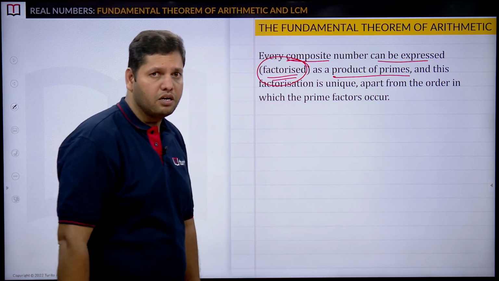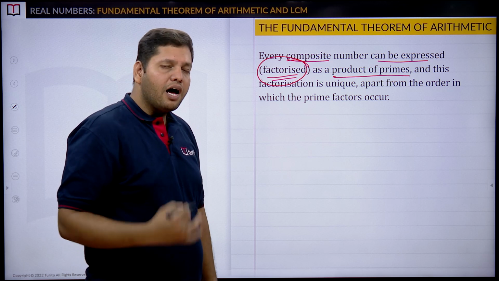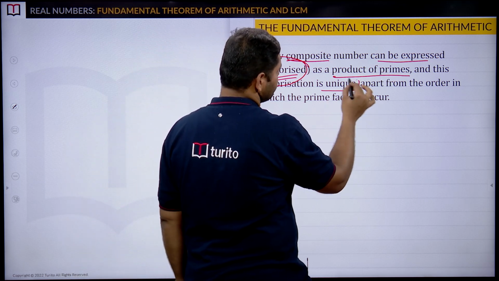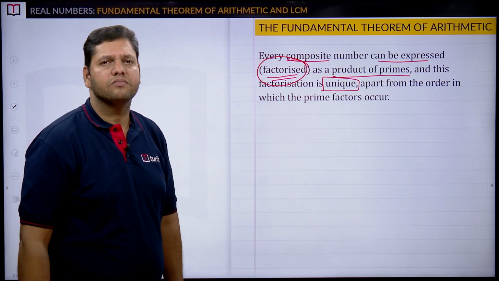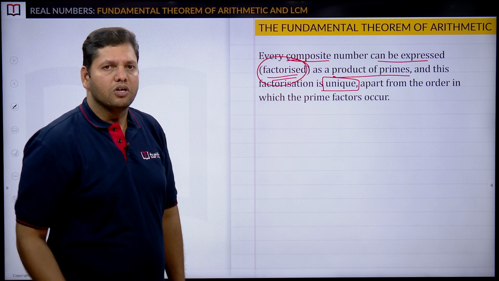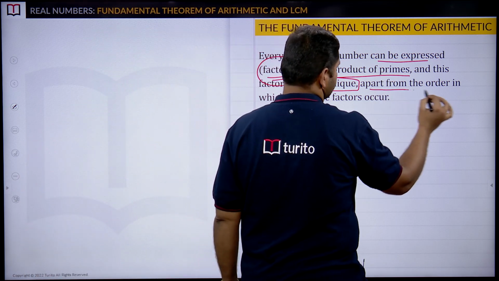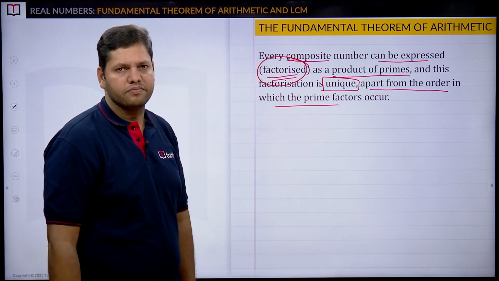First point, we express it by using its prime factors, and this factorization is a unique combination. Unique means it is fixed, you cannot change it. So that is called a unique combination, apart from the order in which the prime factors occur.